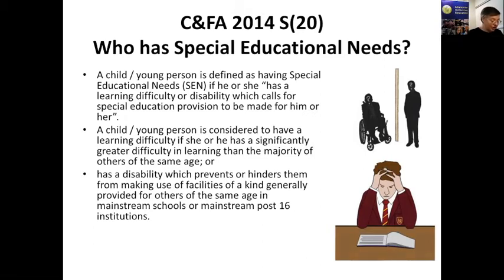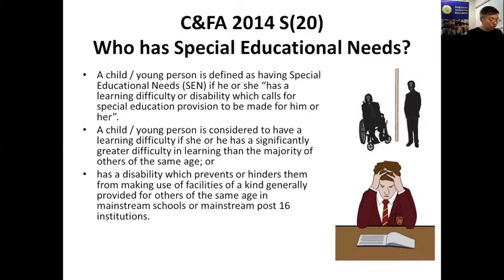There are several ways that a child or young person can fall under the special educational needs definition, which are as follows. A child or young person who has a global learning difficulty, i.e., a person learning at a slower pace and therefore failing to reach many milestones expected by their non-disabled peers of a similar age.